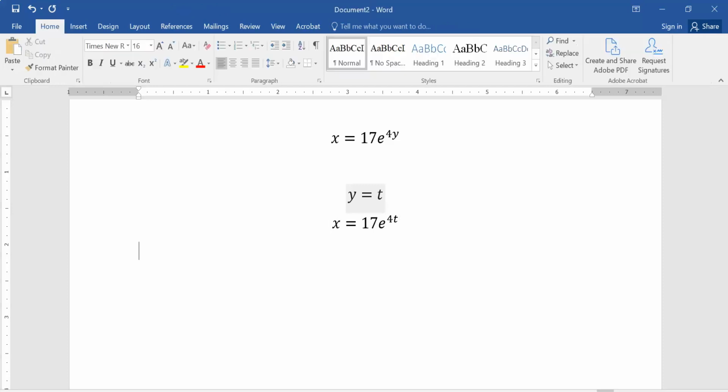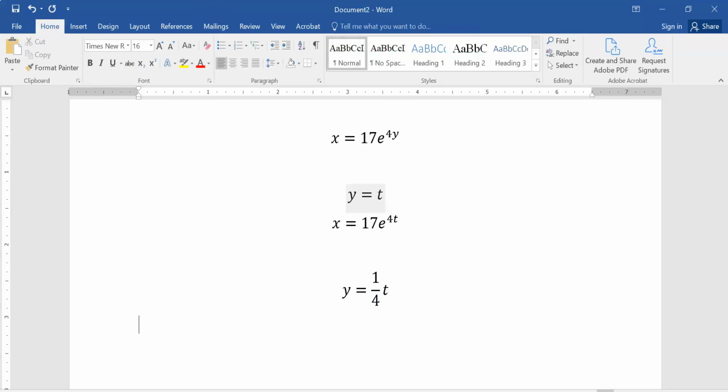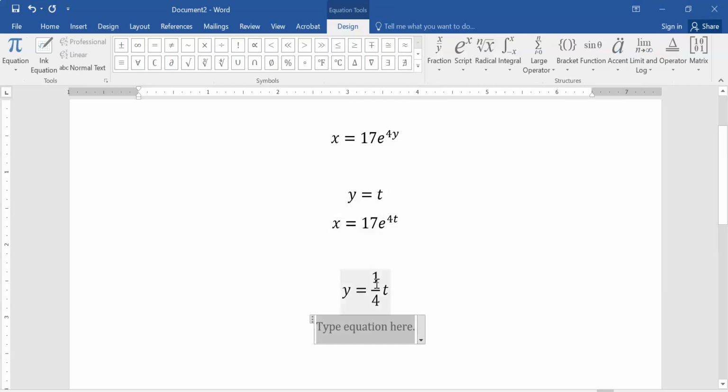If you wanted to, you could have also, and this is kind of a nice one, y equals 1/4 times t. And so when you plug 1/4 t into your exponent, you get x is equal to 17e, well, 1/4 times 4 is 1, so you get e to the 1t.